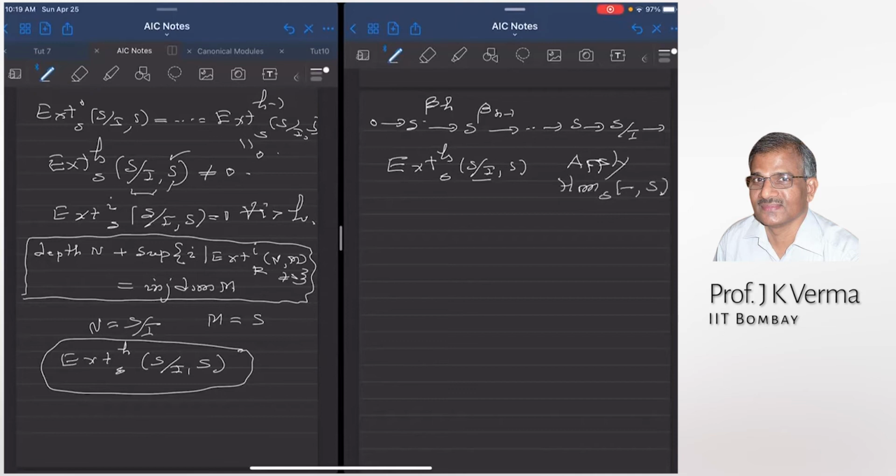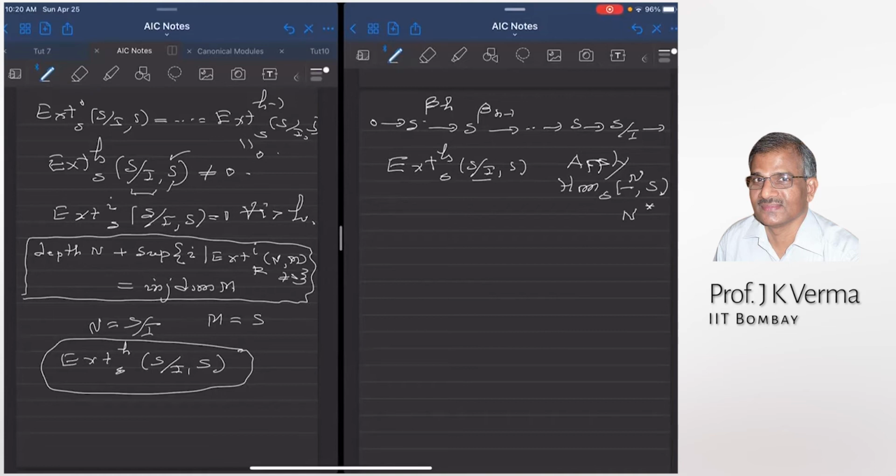This is a contravariant, left exact functor, and the right derived functors are all the Ext. When you apply Hom(-, S), where S is the ring, suppose I put N here, then I will denote Hom(N, S) as N star, the dual of N.